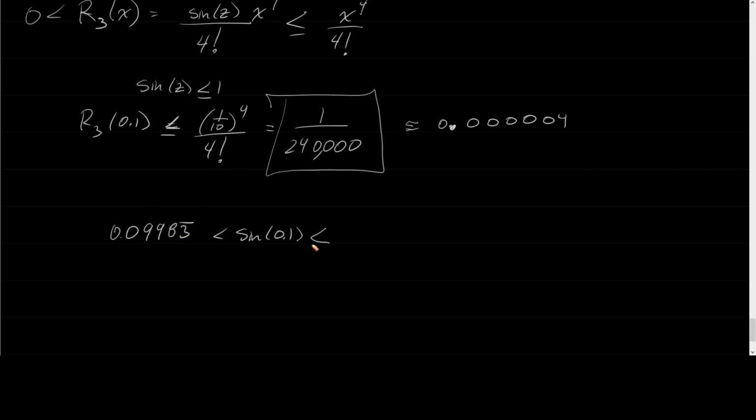And it's going to be under adding this much to that. So that's going to be 0.09983 repeating plus 0.000004. In other words, what we end up with here is between 0.09983 repeating and, well, 1, 2, 3, 4, 5.